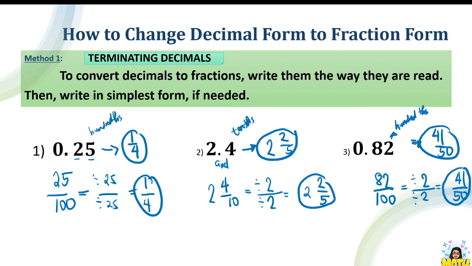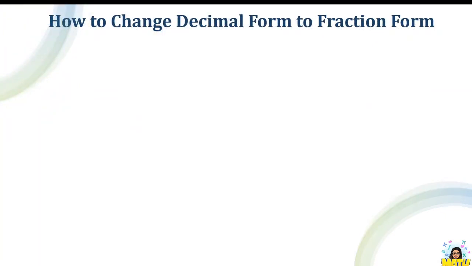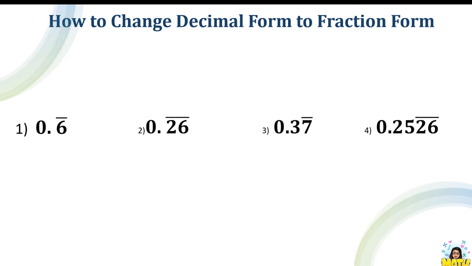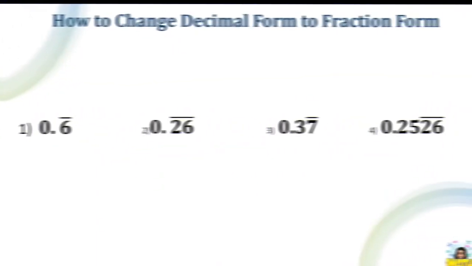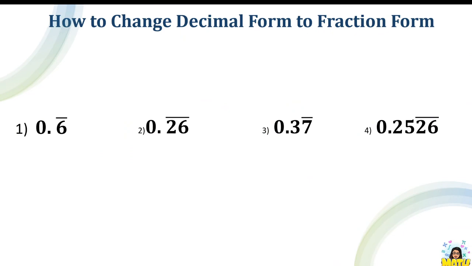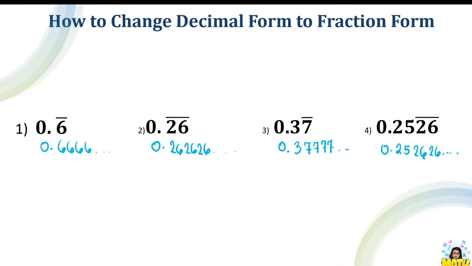But how about if we have non-terminating and repeating decimals? So, remember na meron din tayong ibang klaseng decimal, just like the following, in which they are repeating and non-terminating decimals. So here, paano naman kapag ganito?